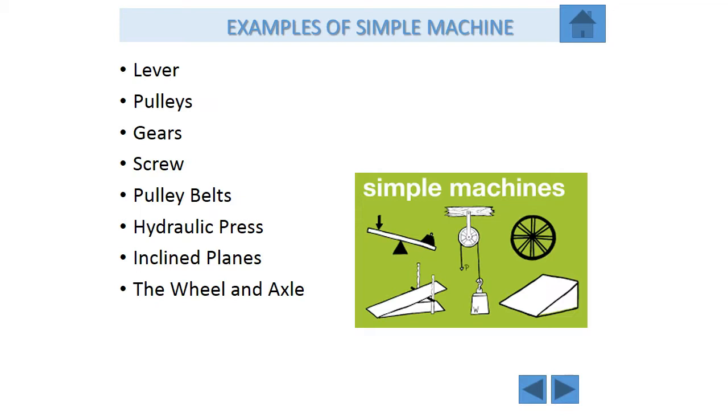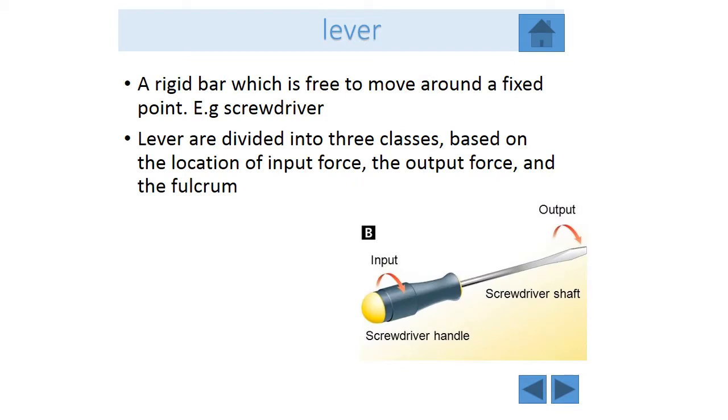Beside the listed examples is a diagram which illustrates each of the examples listed. Now, we will be talking about some of the examples of simple machines. The first one we are going to talk about is the lever.